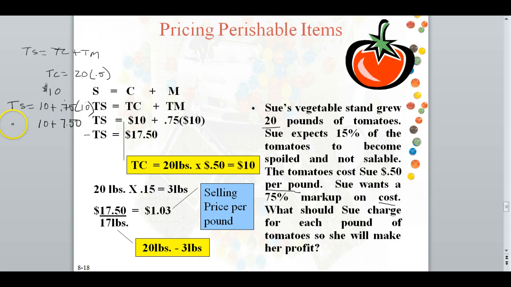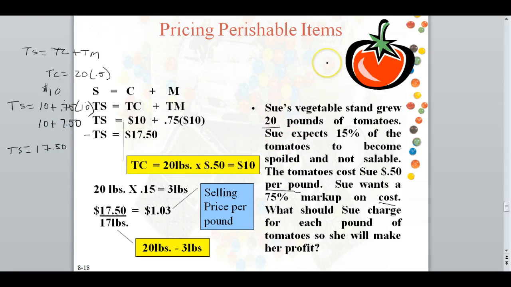So our total selling price equals $17.50, as you see here. So in order to make the profit of 75% that she wants on the cost, using the 20 pounds of tomatoes she grew, she needs a total selling price for all of them of $17.50. Okay.